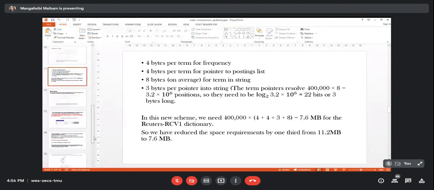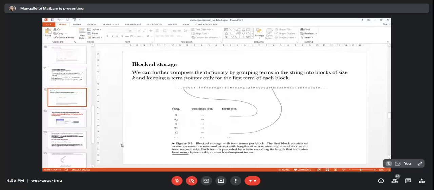And we have another technique known as block storage. Here, the concept is similar to blocked sort-based indexing, which we have done in the last classes. In block storage, the string remains the same, but we are going to perform some grouping of the terms.